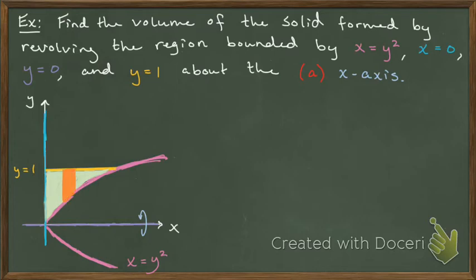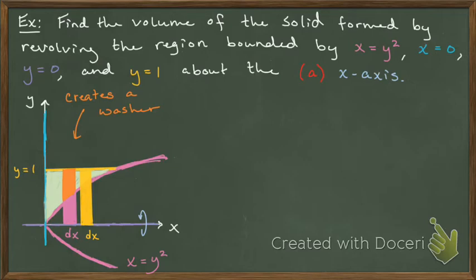So I'm going to draw my slice that, when I rotate around the x-axis, gives me a washer. So I need the larger radius and the smaller radius. The larger one I see there is in yellow, and it's going to have a height of 1. Both of these have a dx thickness, and the smaller radius is going to be a height given by my function.